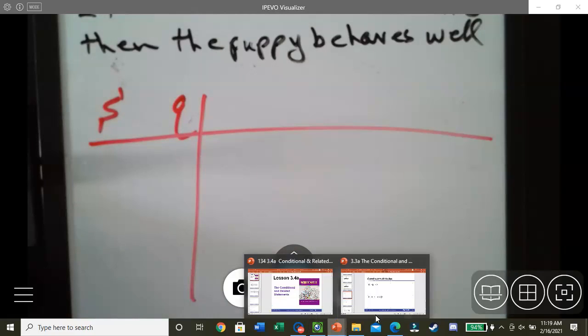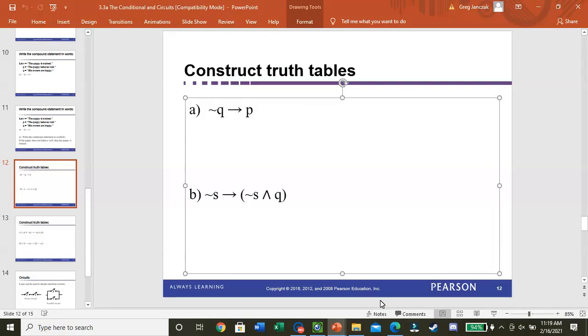And we've got not if, not S, then, parentheses, not S. And what's that rooftop looking symbol? Is that and or or? It's and, right?